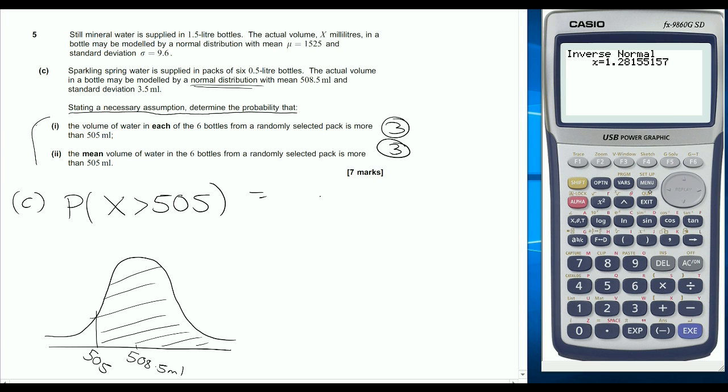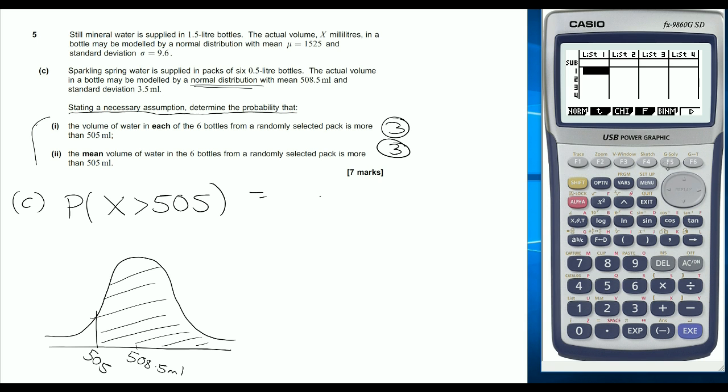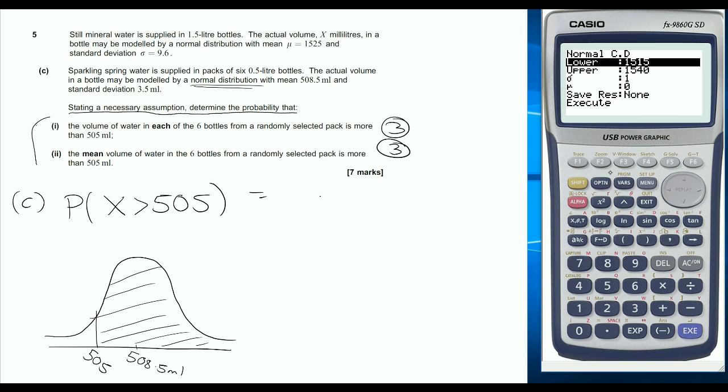So in order to do that, we're going to use our calculators again. We're going to go normal, NCD, and this time our lower limit is 505 and our upper limit is just a large number somewhere out of the way. Our sigma given in our question is 3.5, and our mu is the mean, 508.5.